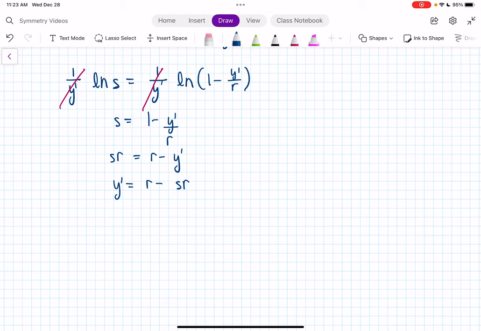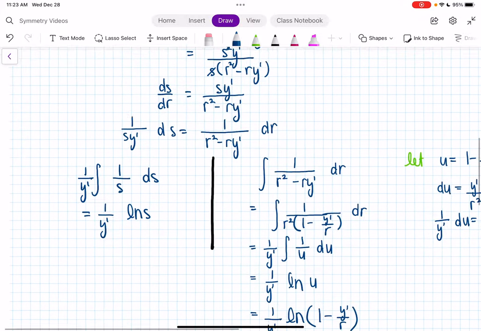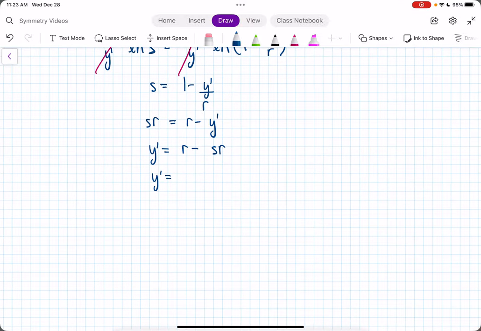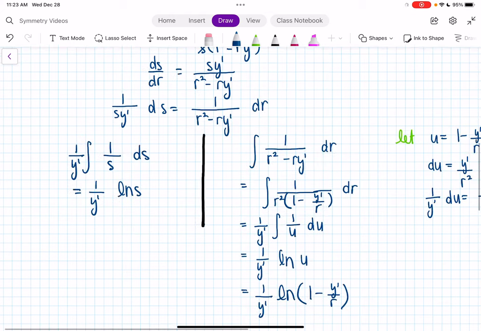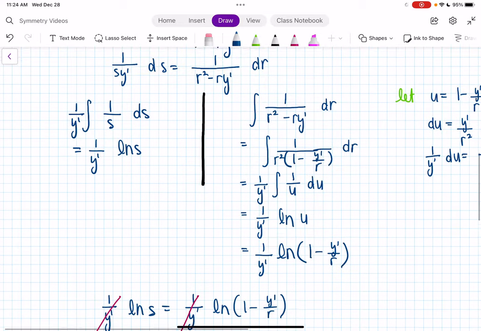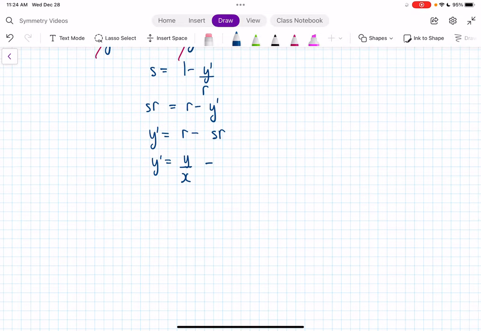And we're going to now resub our definitions for these canonical coordinates. So r was y over x. And s sub r will actually become negative 1 over x, so this will become plus 1 over x.